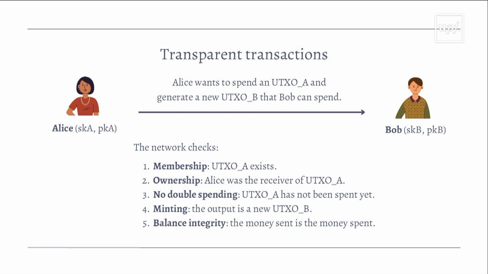First, that this unspent transaction does exist, that it has not been spent yet, that she was indeed the receiver of that transaction, that the new output is valid, so the new unspent transaction output is really sent to Bob, and also that the money sent is the money spent, so that Alice is not sending more than what she has. All these checks are pretty easy because you have all the information, it's transparent, so not much to say. The network can check that everything works as it should.